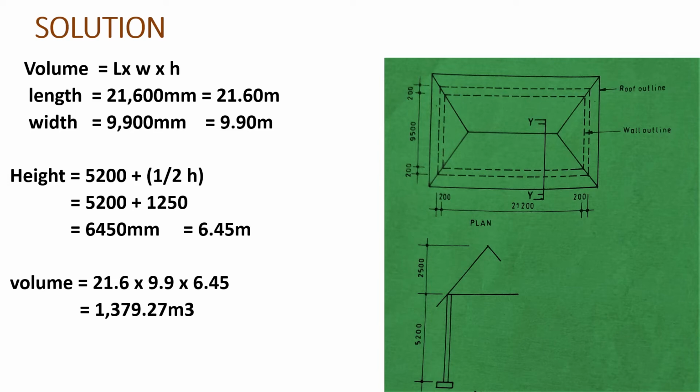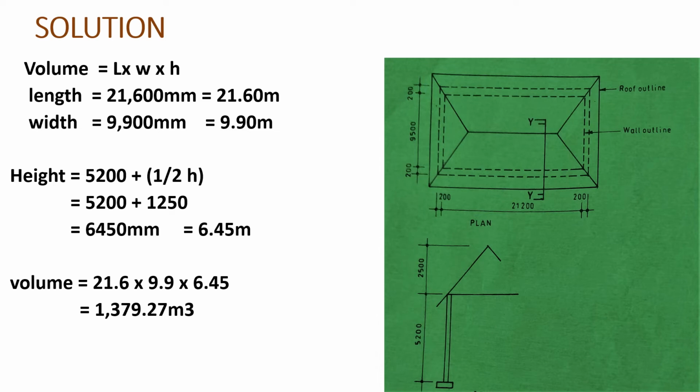Now, our length will be 21,200 plus the wall, that is 200 plus 200. We are using the external dimensions. And then the width will be 9,500 from here up to here, plus this 200, and plus this 200.